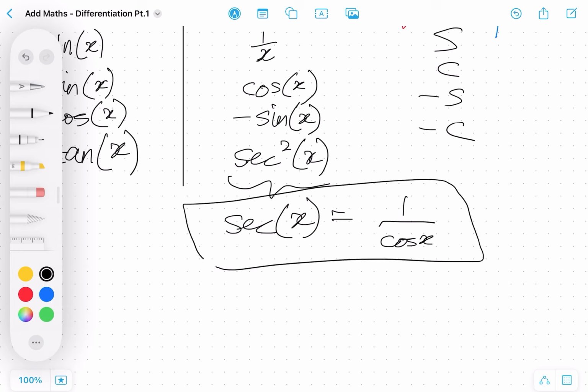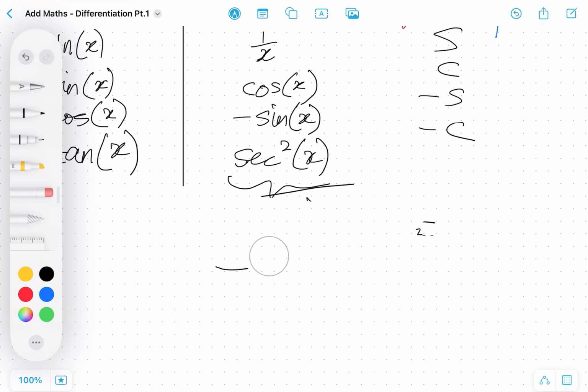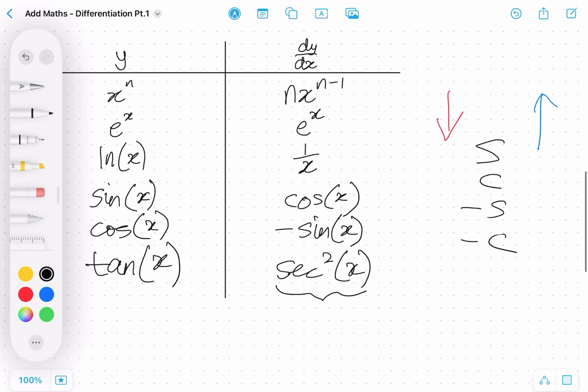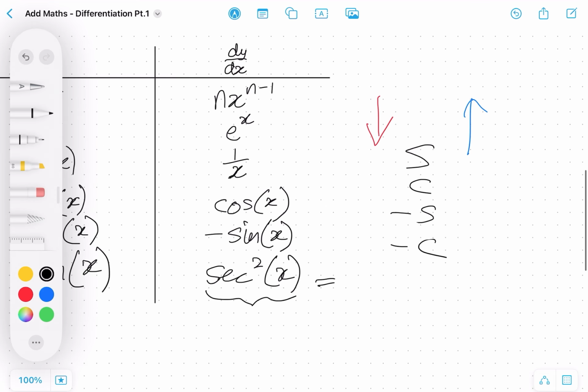Secant x is equal to 1 over cosine x, so secant squared x is equal to 1 divided by cosine squared x. I'll make a separate video on trigonometry, where we go through the other functions that we're introduced to, like secant and cotangent. But for now, these are the rules that you need to know for differentiation for Ad Maths.